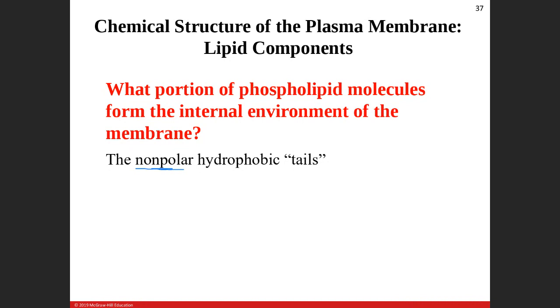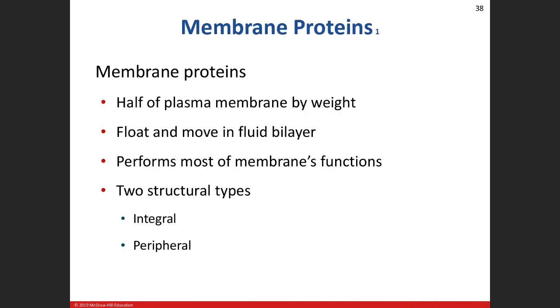One of them is listed up there on the board. What's another thing? Small, that's right. It has to be both of those, small and nonpolar, and it can get through the plasma membrane. It won't need any help. Because when something is polar or large, we're going to talk about how it gets on the inside of the plasma membrane.